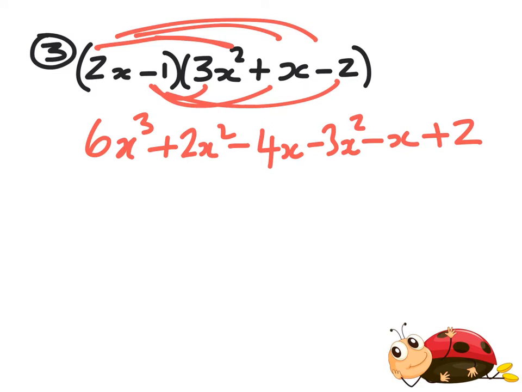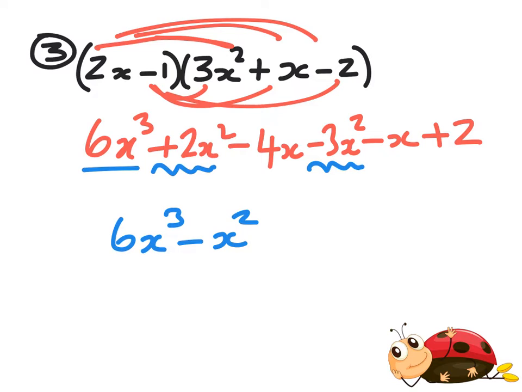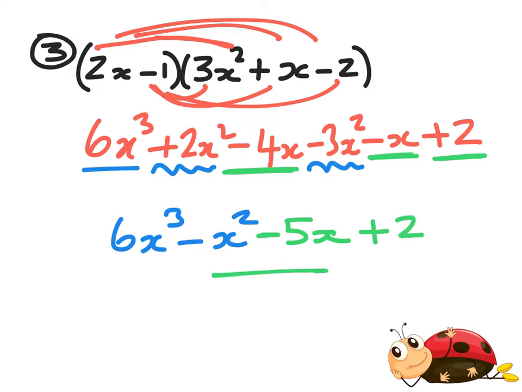Now if I add these all together, I've got 6x cubed, I've got 2x squared take away 3x squared, which is negative 1x squared. I've then got negative 4x and negative x, which is negative 5x, and I've got a plus 2 at the end. Okay, so you'll get something similar, not the same.